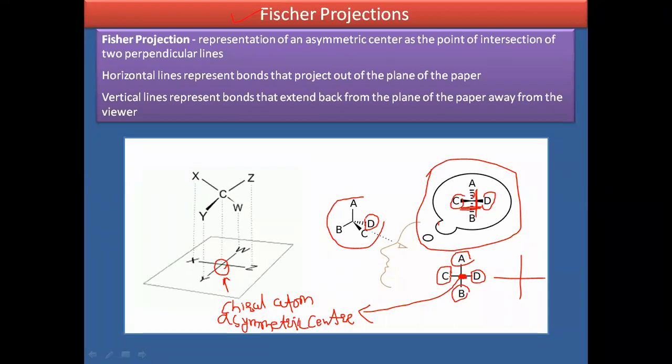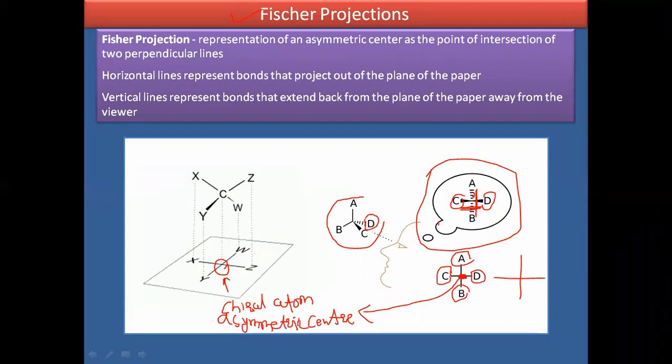Whereas the vertical lines in this formula, along with whatever bonds and atoms are present in vertical lines, indicate the particular groups or bonds are below the plane of the paper when you write in 2D.